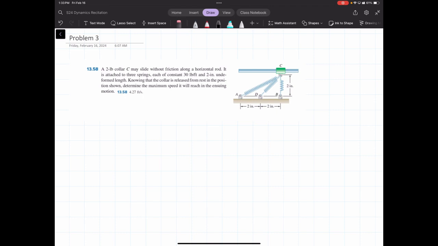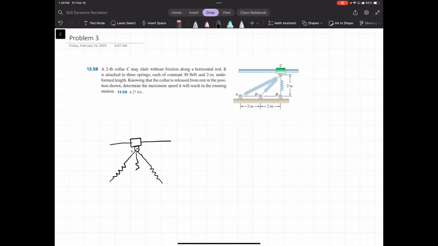So the maximum speed is going to occur at the instant that the acceleration is 0. And that's going to happen, so if we have our 2 outside springs acting, so let me just draw this real quick.